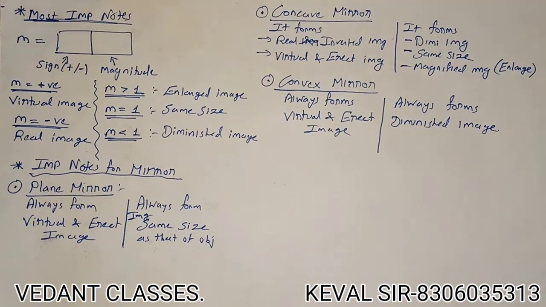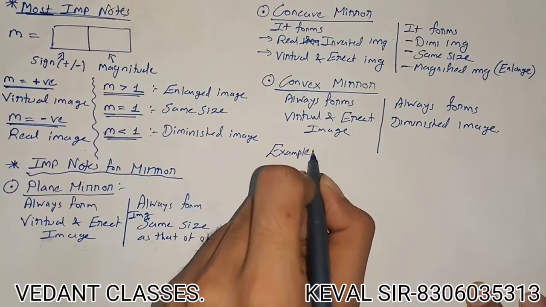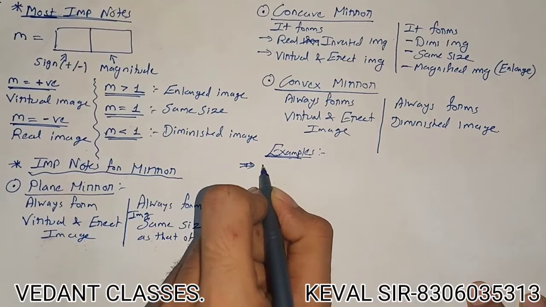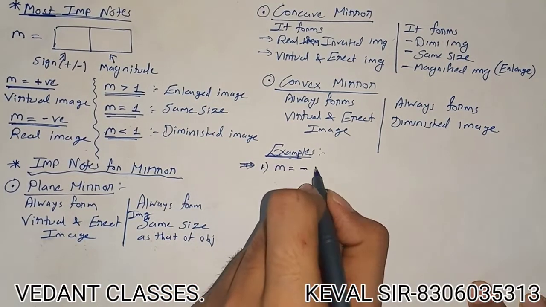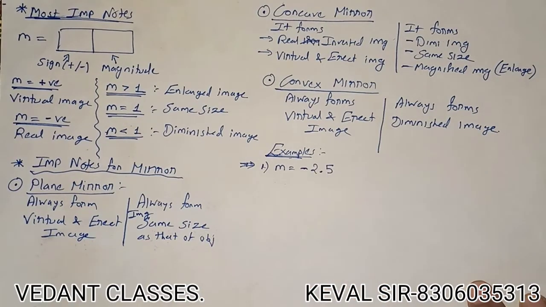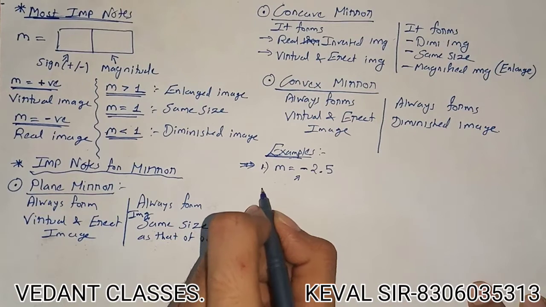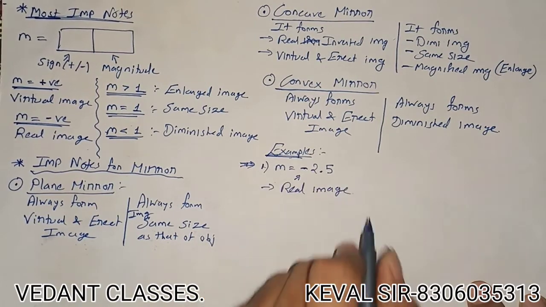Now let's see few examples. If the magnification is given like this, let m is equal to minus 2.5. So how can we identify? Yes, there is a negative sign, so it is a real image.